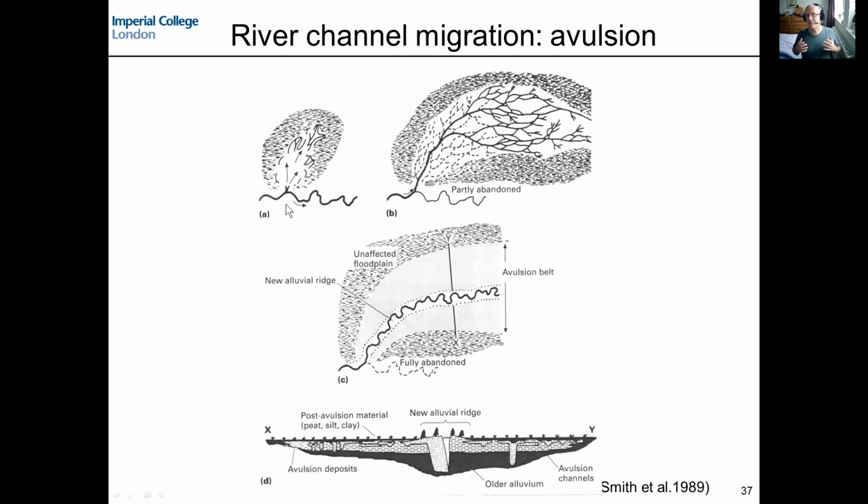Now, rivers don't just flood once, they flood repeatedly during times of high discharge, high volumes of water and sediment that they're transporting. So B in here shows the same river channel, but after maybe several tens of flood events. So during flood number 20 or number 30, for example, that crevasse channel is used again, it's a weakness in the levee.